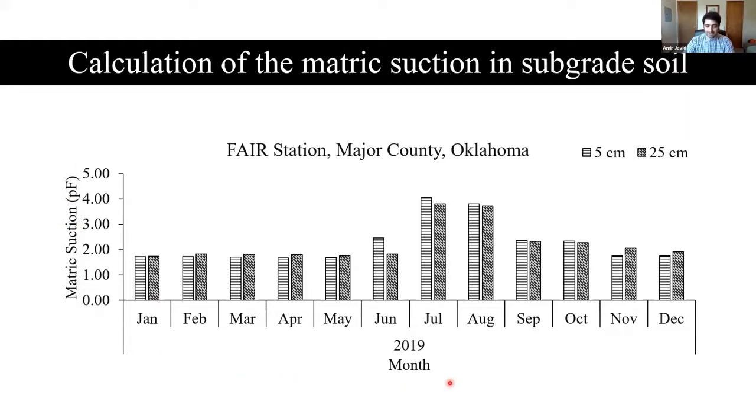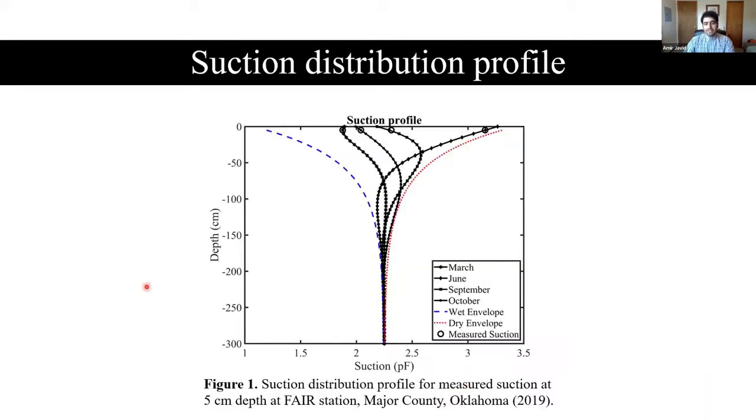These are for Fair Station in Major County, Oklahoma during 2019, and those are average suctions, by the way. All right, now that we have these surface suction measurements, we follow a procedure and we can get the suction profile at different times.